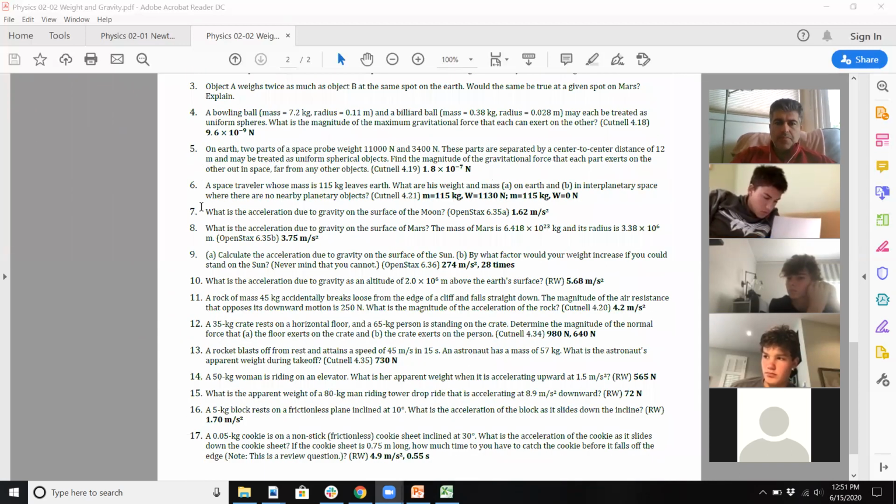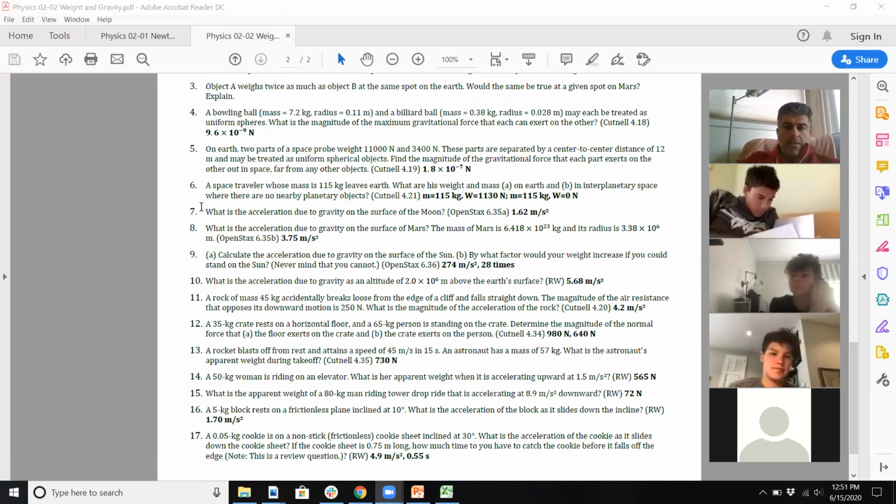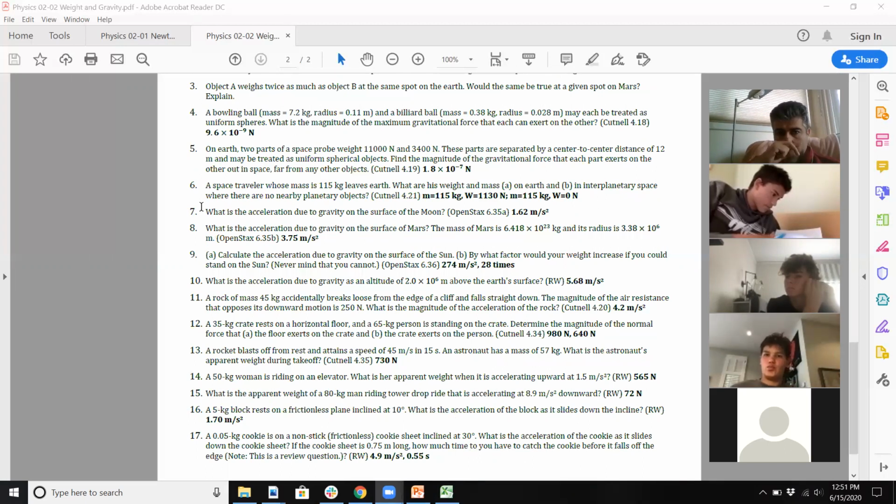Okay. So in this case, for number 4, you have 2 masses, a bowling ball and a billiard ball. You have each of their radii, and I guess they are touching each other.